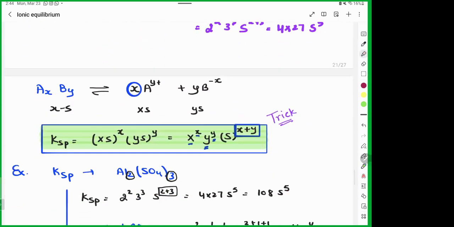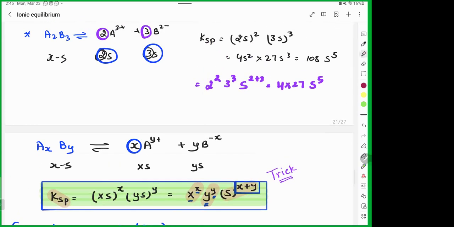So if you conclude all this, the trick is, if you want to calculate Ksp, whatever is your x raised to power x, y raised to power y, and solubility raised to x plus y. How? I will show you this. Example: in this A2B3, what is your A number, x? 2.